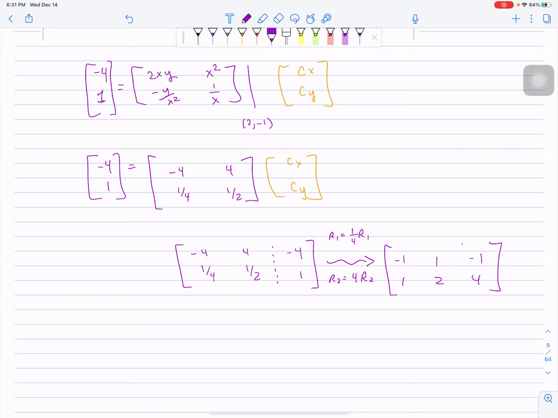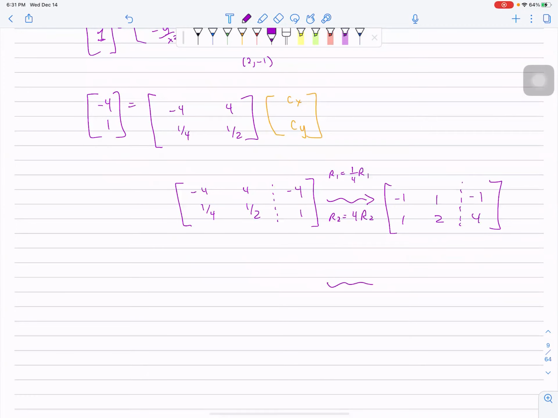And I get this matrix. Now I can do row 2 is row 2 plus row 1, because I want to get this to a diagonal matrix. So I want to get rid of this 1. If I add the 2 rows, keeping row 1 the same, I get 0, 3, 3.